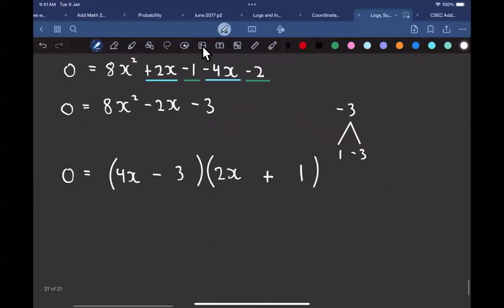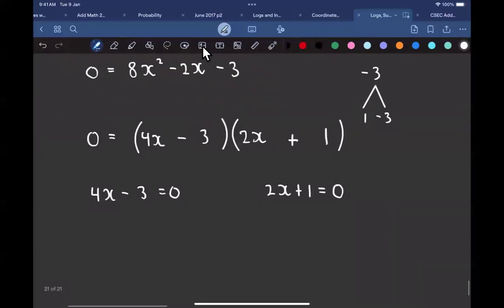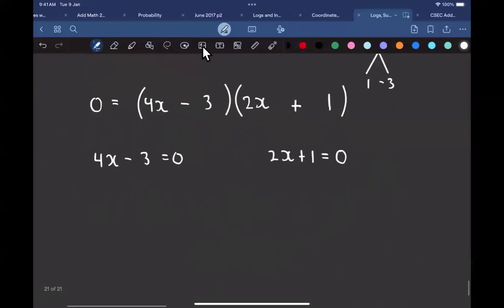All right. So then, Kira, you would say 4x minus 3 is equal to 0. And then you say 2x plus 1 is equal to 0, right? And then if I want to find x, how would I find x?